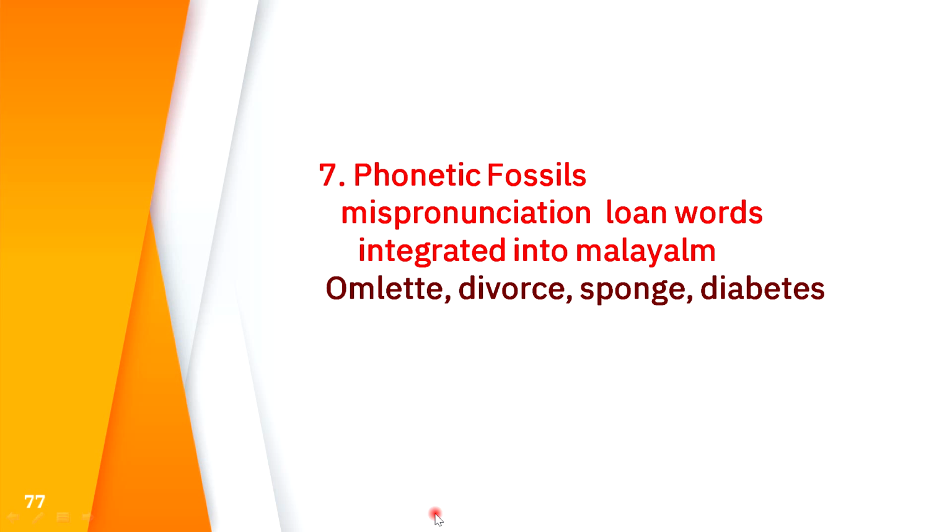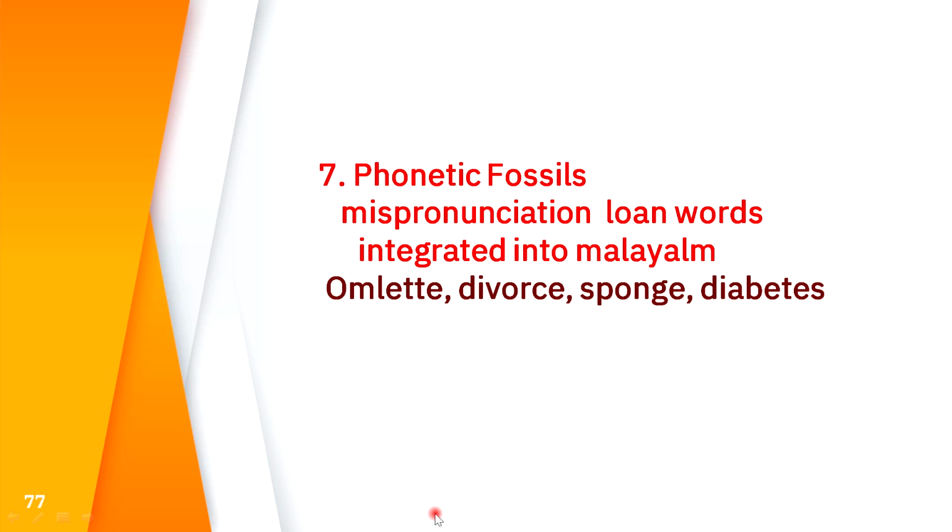A large number of loan words, or words adopted from a foreign language with little or no modification that have become integrated into everyday use of Malayalam, have had a negative influence on the pronunciation of certain English words. So when we pronounce, we modify the pronunciation according to our convenience.